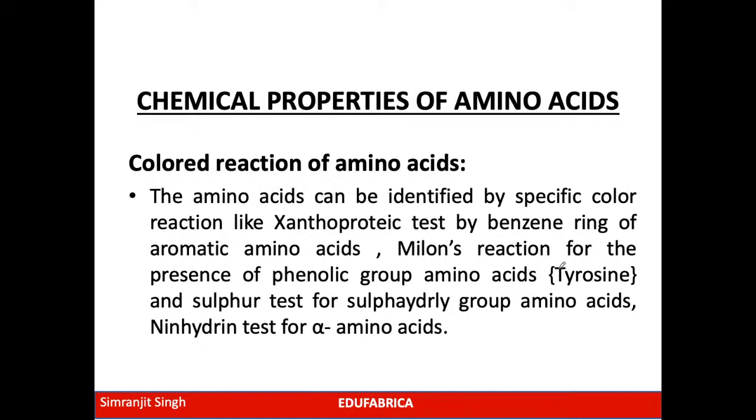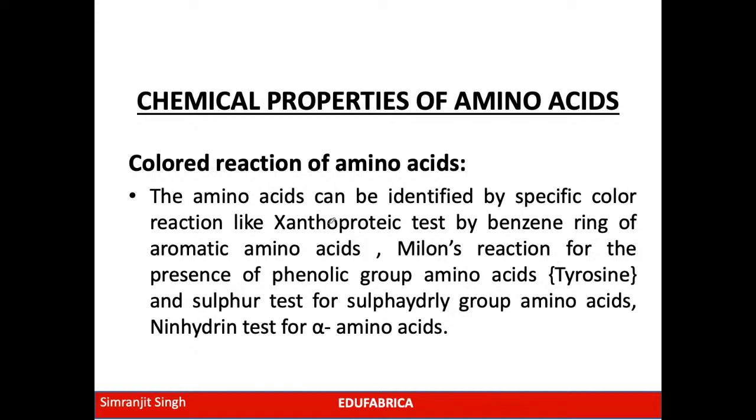There is the Millon reaction for the presence of a phenolic group, like tyrosine, the sulfur test for the sulfhydryl group of amino acids, and the ninhydrin test for the alpha amino acids.